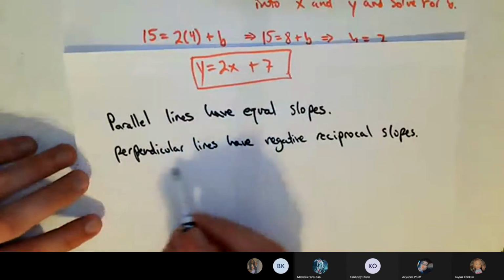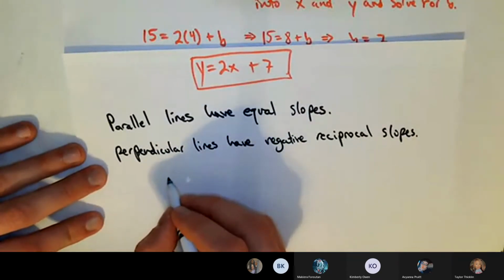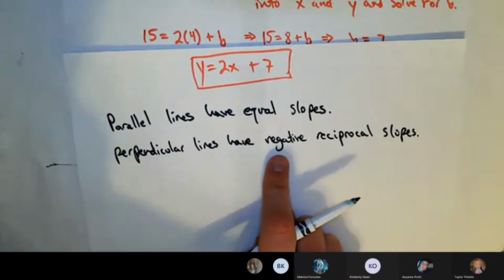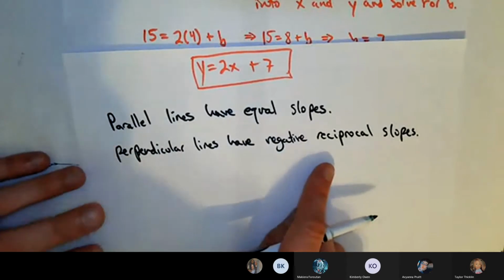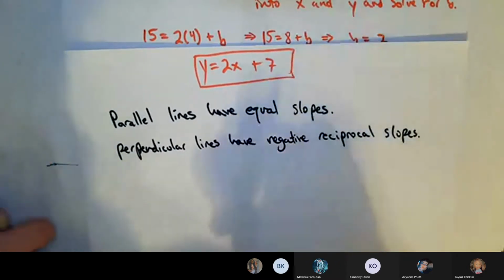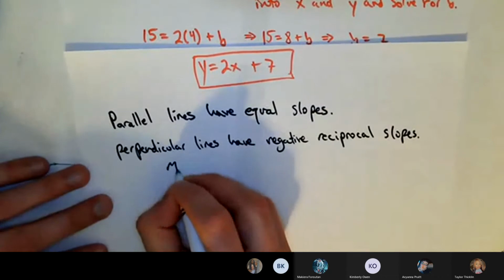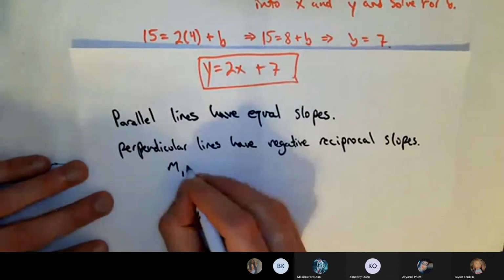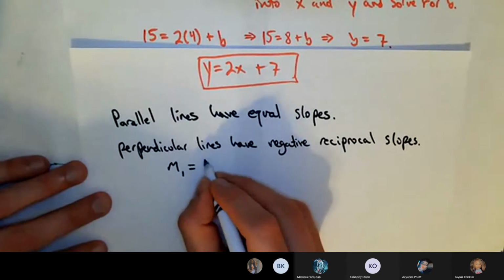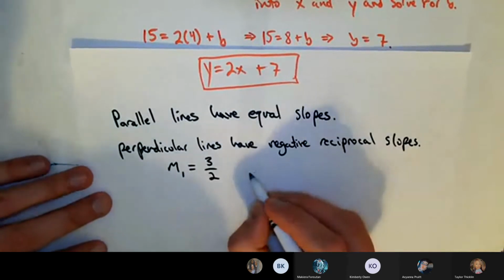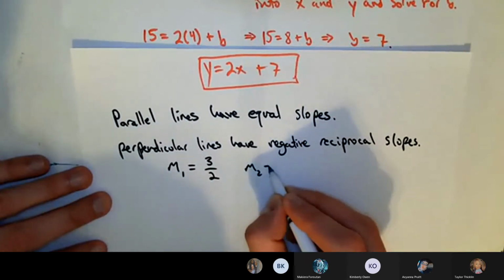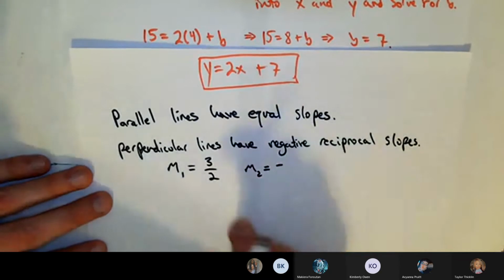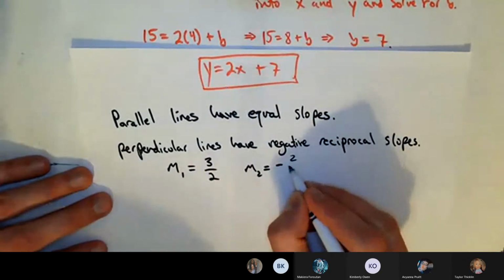So just as an example here, well, negative, you know what negative means, but reciprocal is the multiplicative inverse of a number. In other words, flip it upside down. Like, for example, if you've got a slope of 3/2, then the perpendicular slope would be negative, and then flip the 3/2, 2/3.